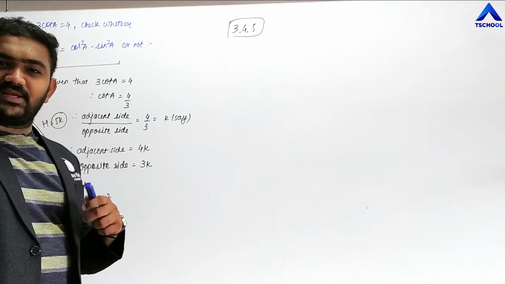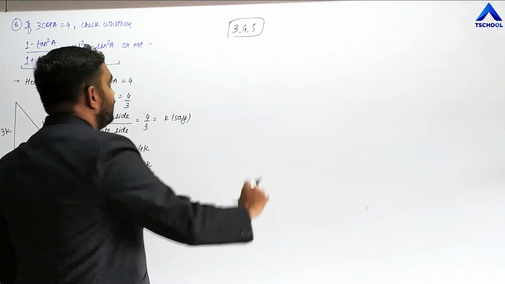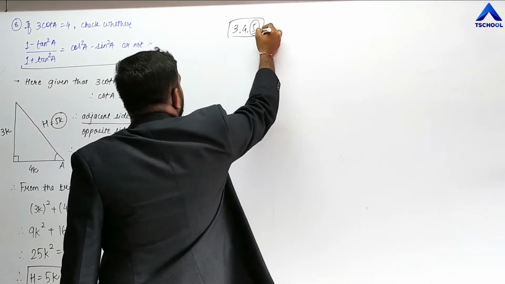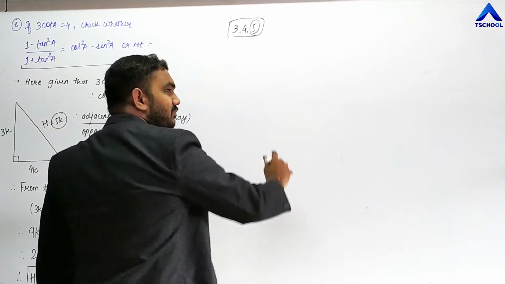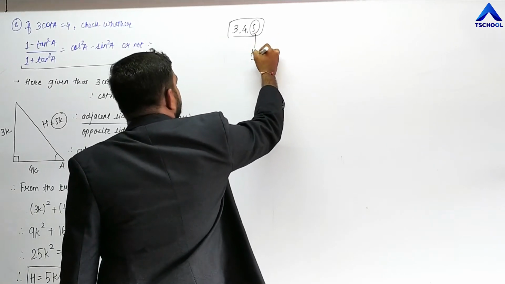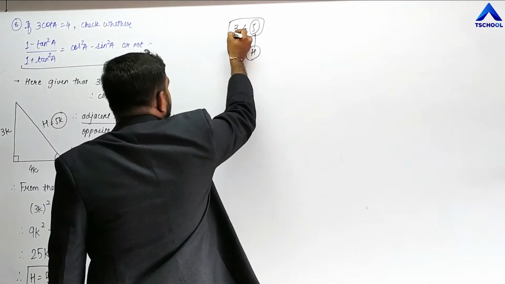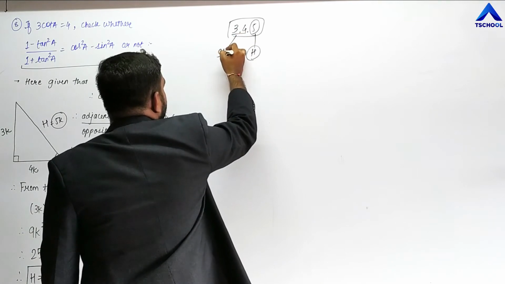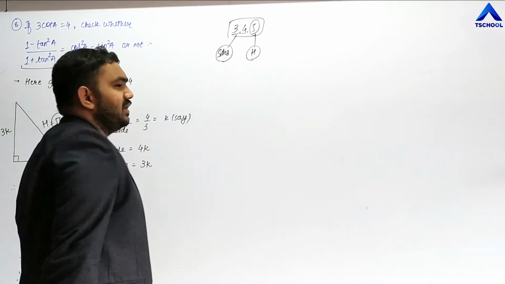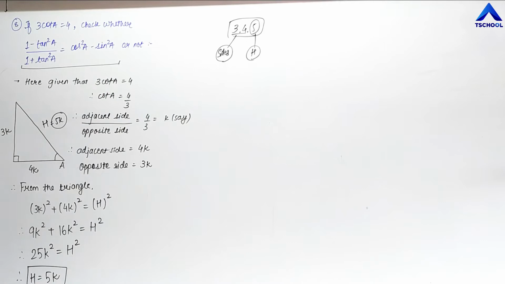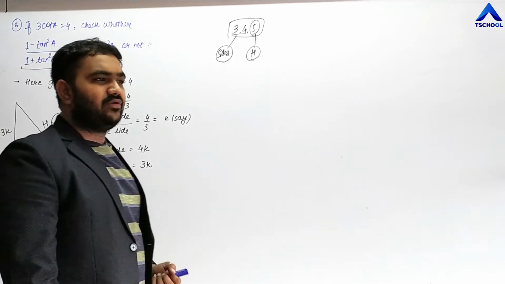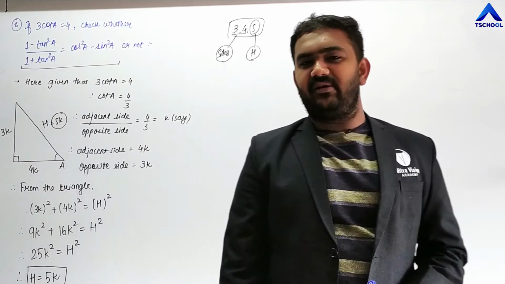This is also called the Pythagoras triplet, where this 5, the greatest number, always denotes the hypotenuse and the other two are the remaining sides. You can take 3K here and 4K here. You can also reverse the order. If you take 4K here, then you will have 3K here, but ultimately you will get the hypotenuse as 5 and 5 only.